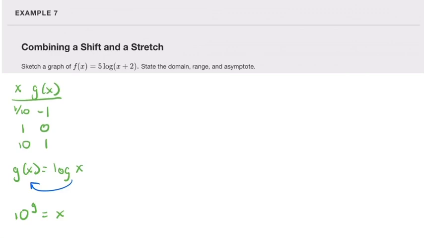Now g of x plus 2. I'll do this one in black because it's an intermediate. If we're adding 2 on the inside, that's going to affect our x values, and the y values should stay as they are. So we leave our y values, and now we subtract 2 from every x. So -2, -2, and -2.